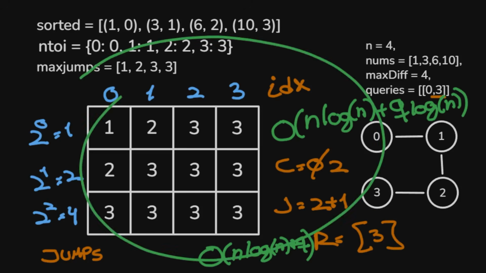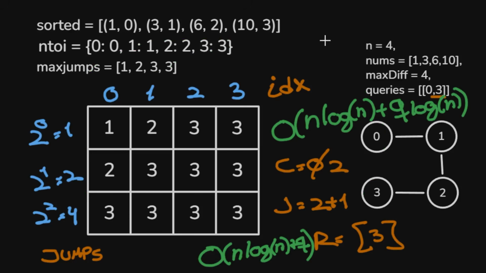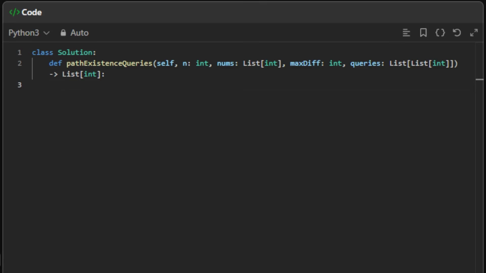So with all of this in mind, now let's go with the code and hopefully you will get the idea. First, we can say that nums is an array with tuples, where the first element is the value, the second one is the index. So we want this for every index and value in enumerate nums. Now we can sort this, and we need a map n to I. This is initially empty, and now we can fill the map.